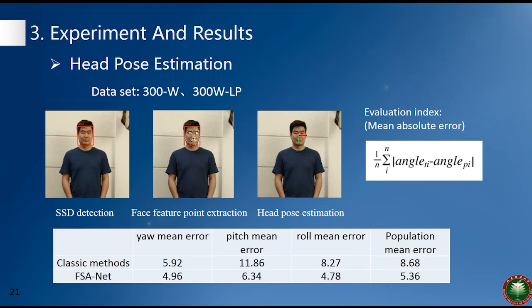Look at this table. The classic method has a large error in pitch and roll because not all pictures are suitable for 3D face model. The overall error of the deep learning method is small.